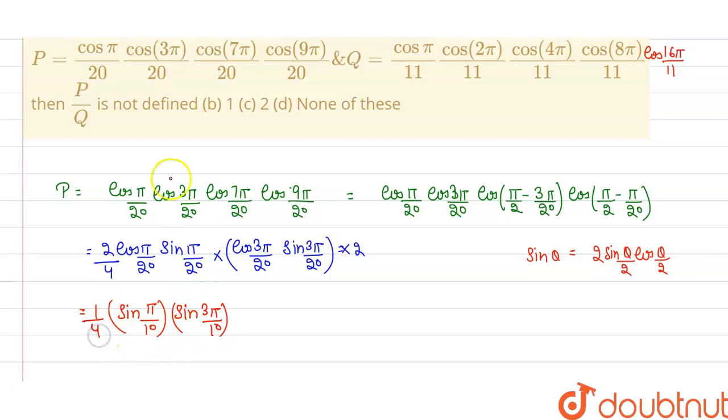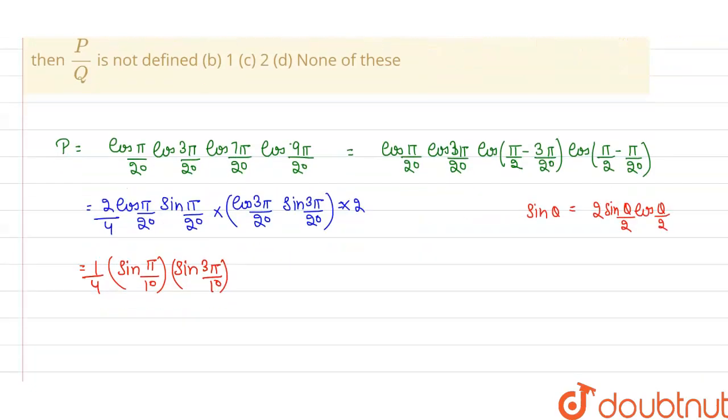Now as we know, sin pi by 10, that is sin 18 degrees, is equal to root 5 minus 1 upon 4. Similarly, sin 3 pi by 10 is sin 54 degrees, and the value of sin 54 degrees is root 5 plus 1 divided by 4.